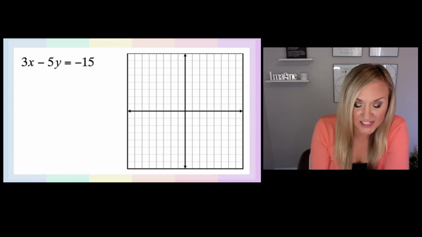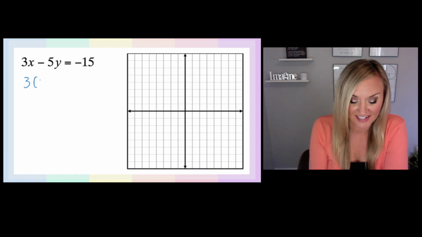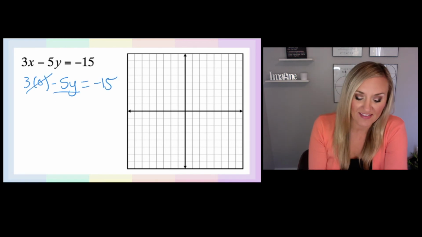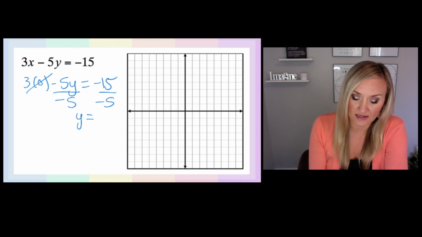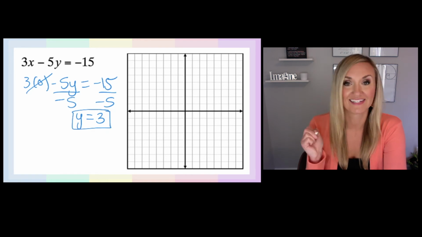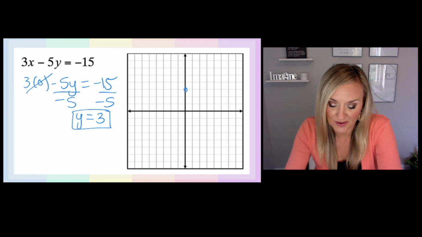All right, so did you plug in 0 for x first? 3 times 0 minus 5y equals negative 15. Great work. And then when we divide by negative 5, did you have the y-intercept to be a positive 3? Yes? Okay, good. So go up 3, place your point. All right.